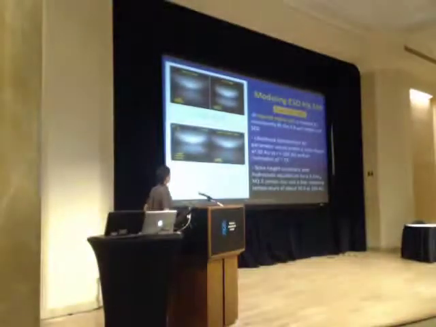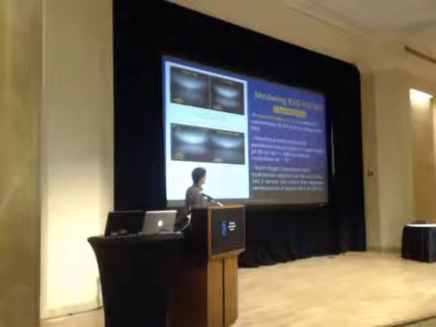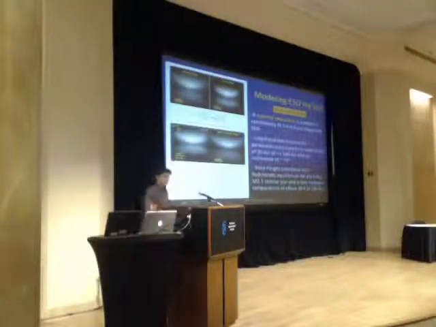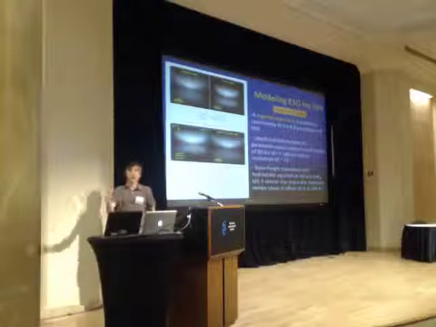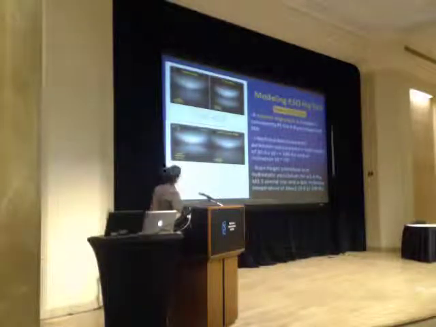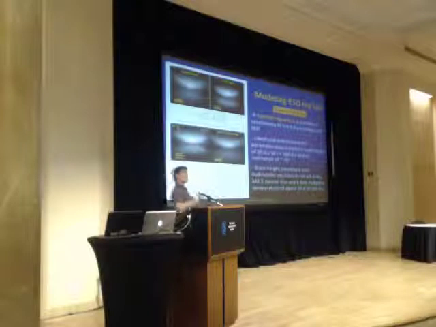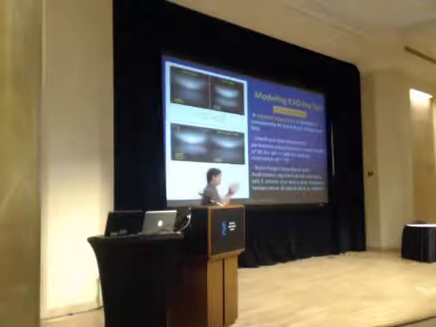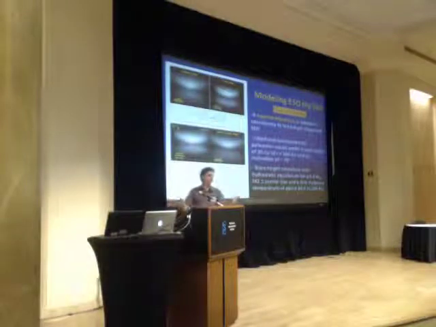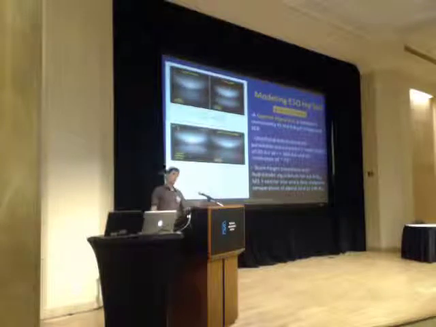And without telling you too much about it, I encourage you to go and check out poster 139 by Skylar, where she's presenting a lot of the modeling she's done on that particular object. The one point I want to emphasize about this modeling was the interesting finding that to match the images we see in HST, we started first by using a structure of the disk with a very sharp outer edge. So far, it had worked in previous edge-on disks. We're very happy with it, so we started with that. It didn't work. We just couldn't get an image out of that that would match the data at all.